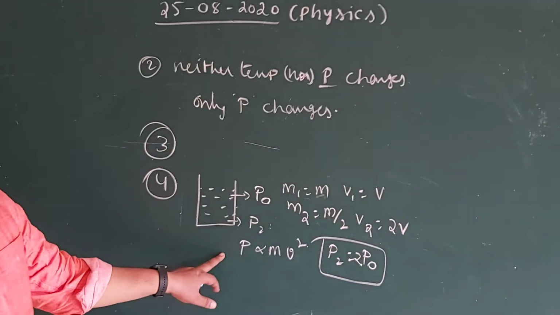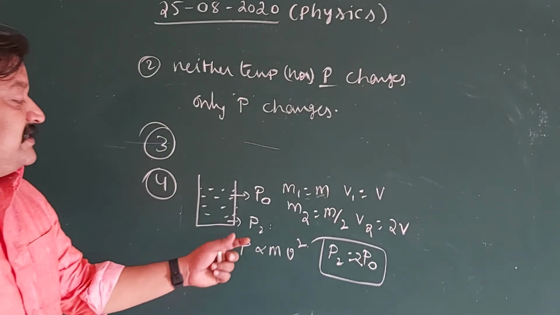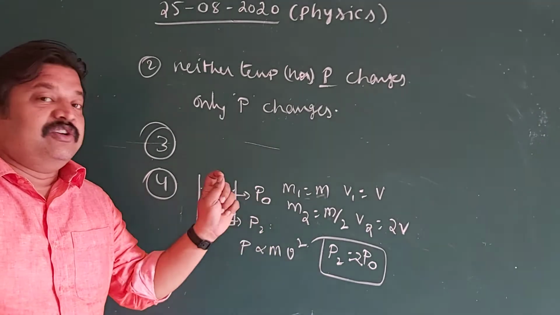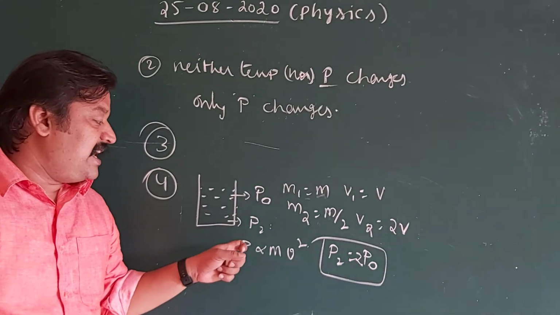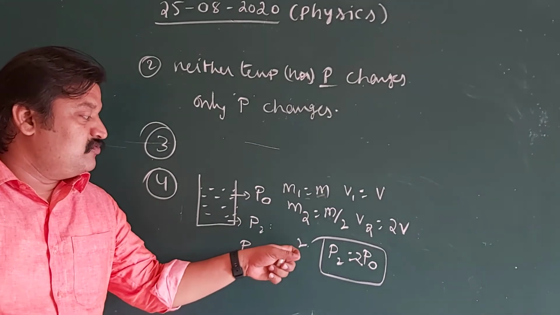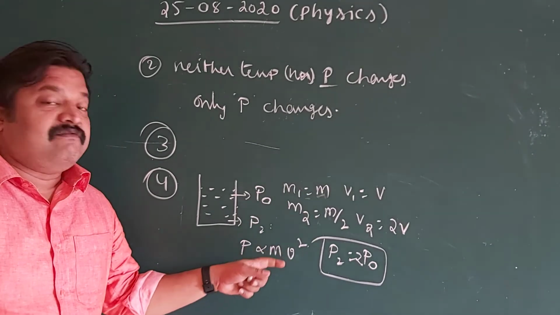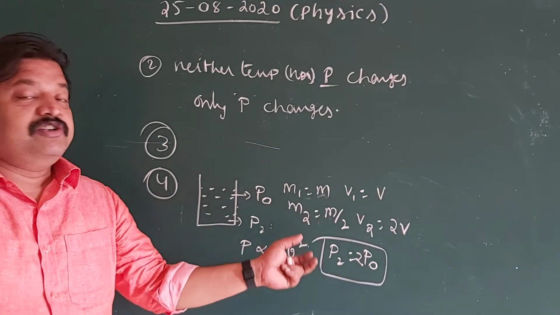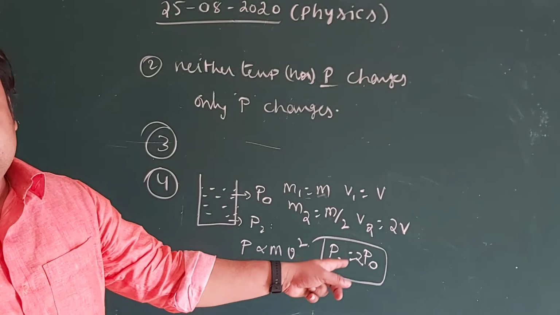So this relation we already discussed in the class. That is nothing but the relation between pressure, density and volume. So we know that density is equal to mass by volume. Then you can have the relation P is proportional to M into V square. P1 by P2 is equal to M1 by M2 into V1 by V2 whole square. By substituting those values, you are going to get the relation P2 is equal to 2P0.